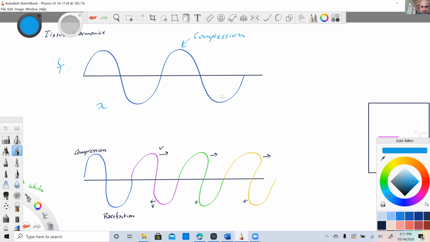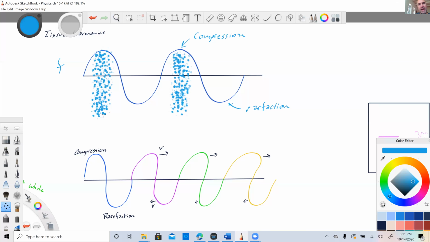Down here, rarefaction. In other words, here is where, I'll go ahead and just put it here too. That is where everything is pressed together.